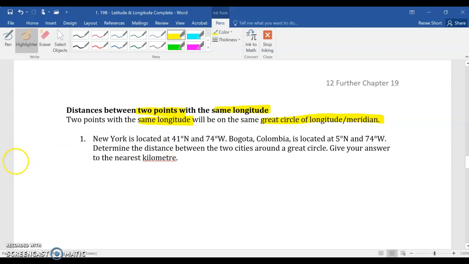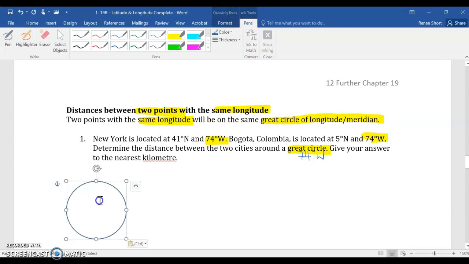So what we've got here in question 1 is that New York is located at 41 degrees north and 74 degrees west, and then Bogota in Colombia is at 5 degrees north and 74 degrees west. So they both have this longitude of 74 degrees west, and it wants us to determine the distance between the two cities around a great circle, which means around that 74 degrees west line of longitude.